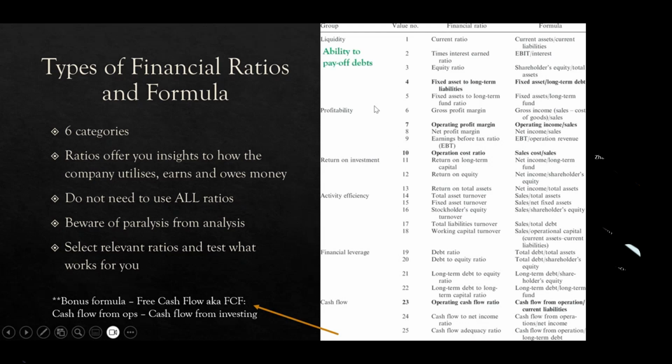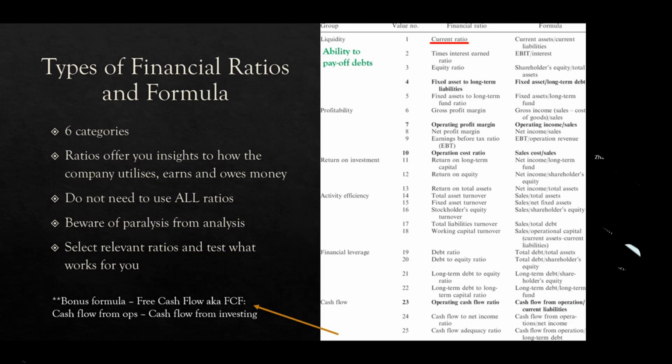So I just want to explain the various categories of financial ratios on this table. So firstly, for liquidity, right? Liquidity means the ability for the company to pay off their debts. Okay, and for this section, I usually use the current ratio, which is current assets over current liabilities.